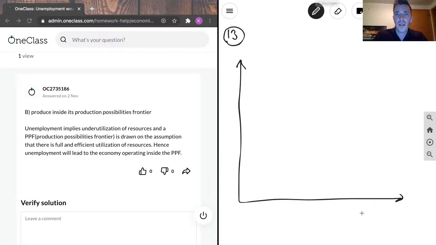So a production possibilities frontier shows the different allocations of two goods. So you'll have one good on the x-axis, one good on the y-axis. I'm not feeling very creative right now, so I will say apples on the x-axis and oranges on the y-axis.